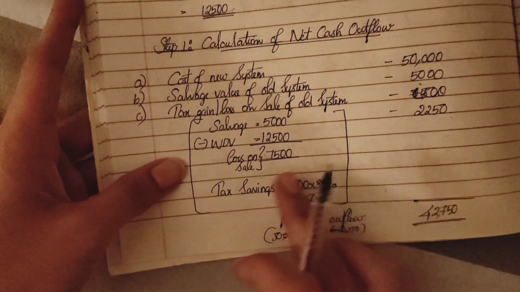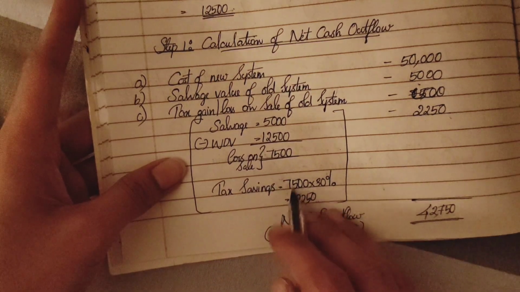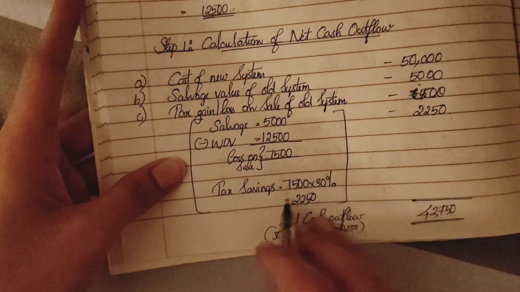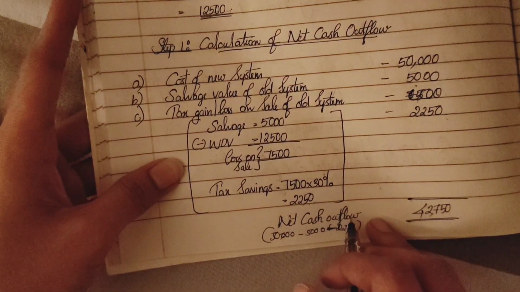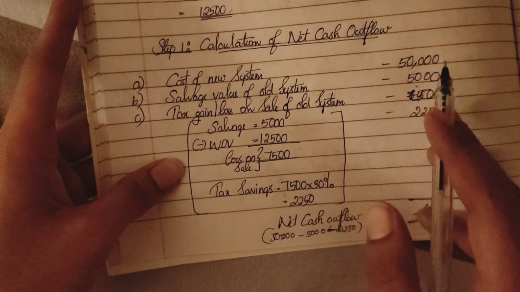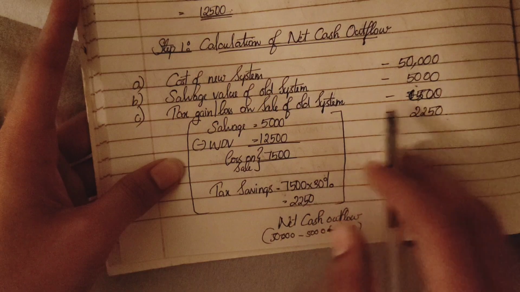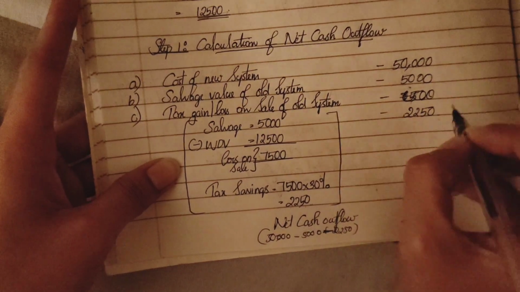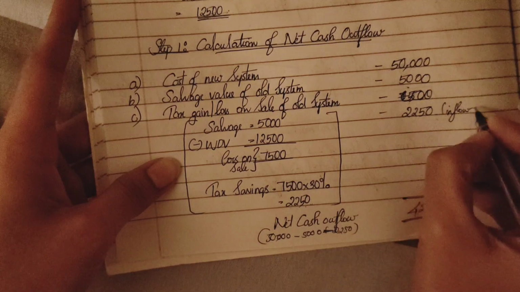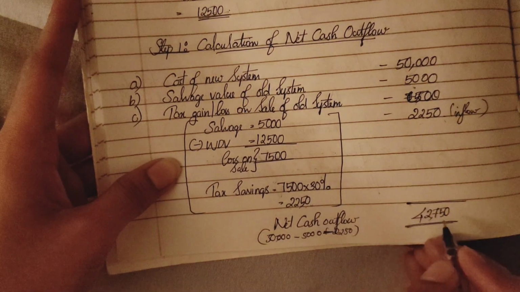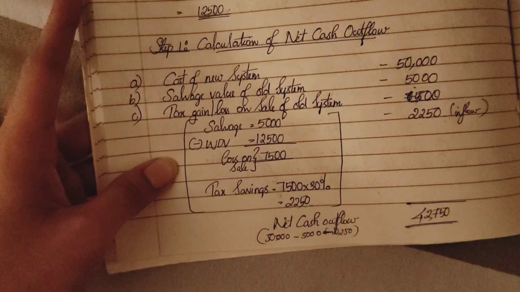How much is the tax savings on the loss? 7,500 into 30%, 2,250. So the net cash outflow is cost of new system minus salvage value minus tax gain. The tax gain is a cash inflow. So net cash outflow is 42,750.